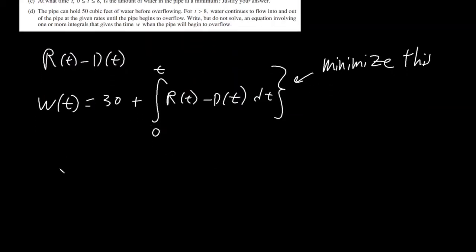We want to minimize this. So what we're going to do is take the derivative and set it equal to 0, right? So we'll take the derivative to get w prime of t. The derivative of 30 is 0, and then all we have to do is take the derivative of this.